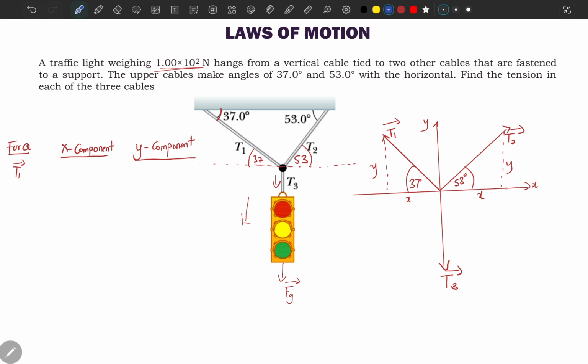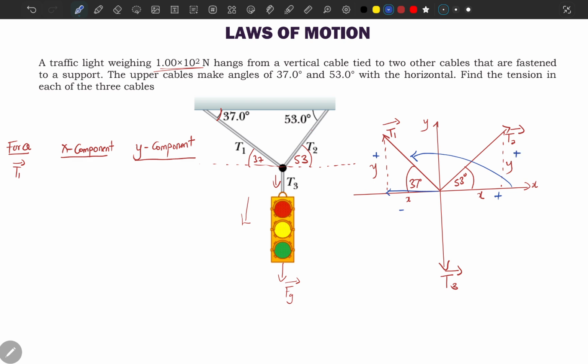You can also use 37 if you know the directions, which is still the same thing. Don't worry. X is going in this direction, so X here is negative. Here X is positive. Here Y is positive and there Y is positive. So the only thing here is that X is negative.